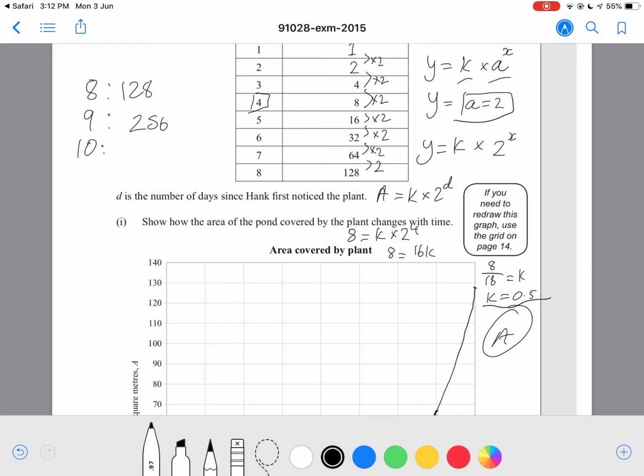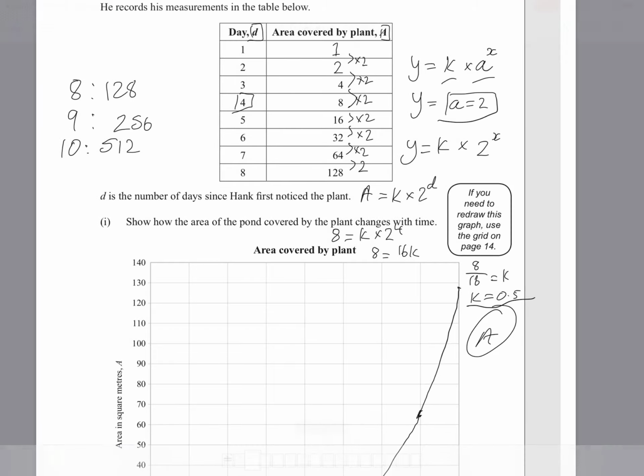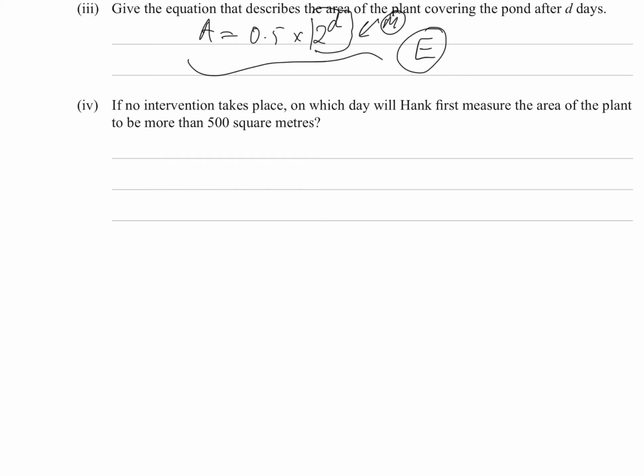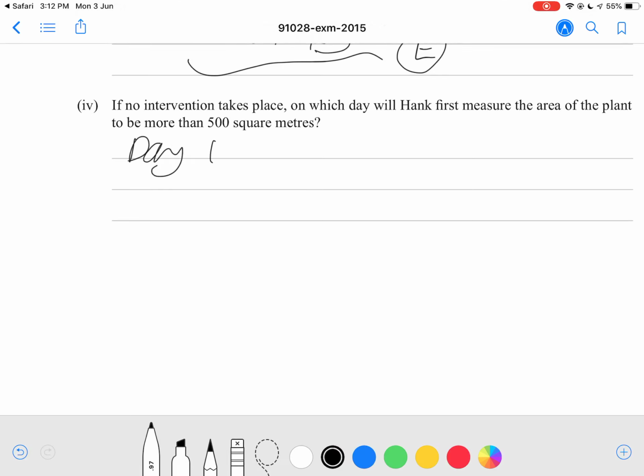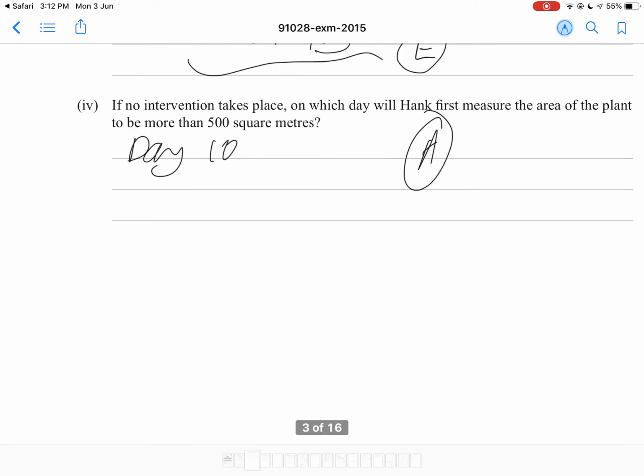And therefore, on day 10, it will become 512. And 512 is more than 500, so therefore you're going to stay on day 10. So on which day? You're just going to say on day 10, and just writing day 10 will get you an achieved. Alright, moving on.